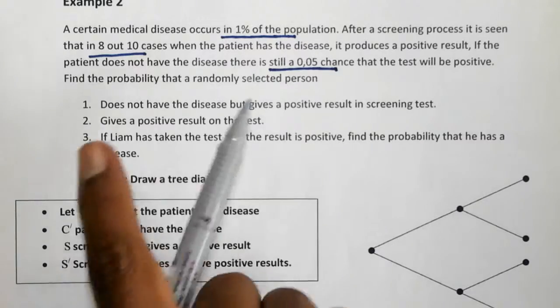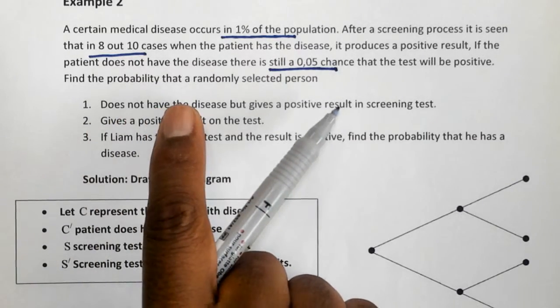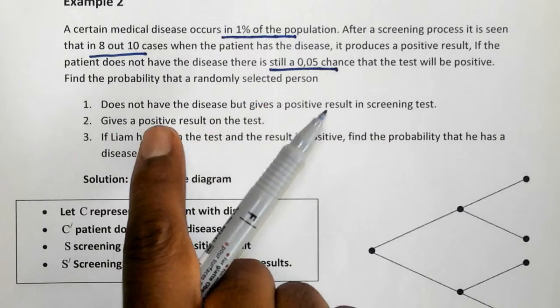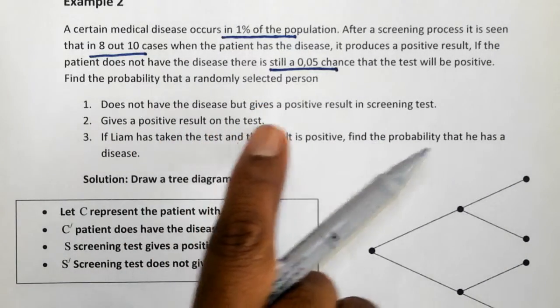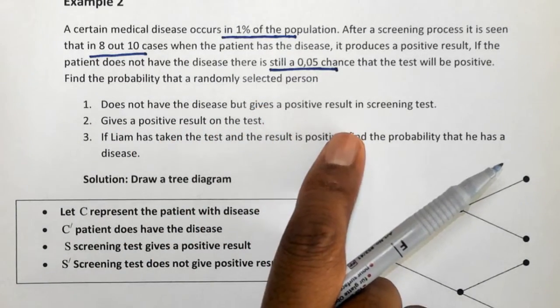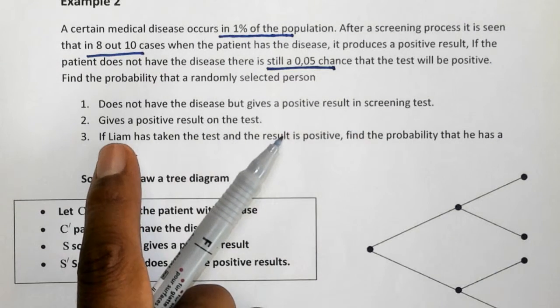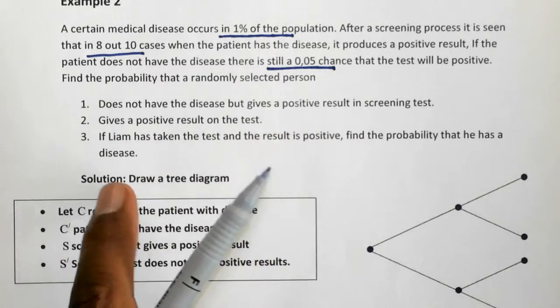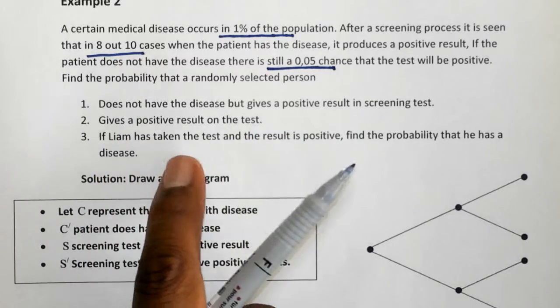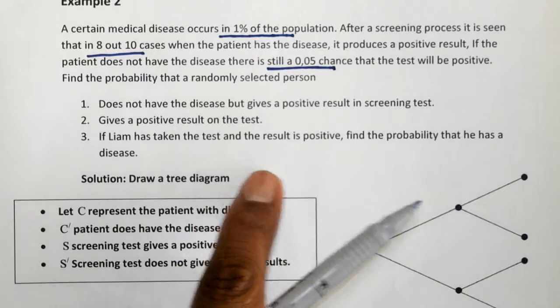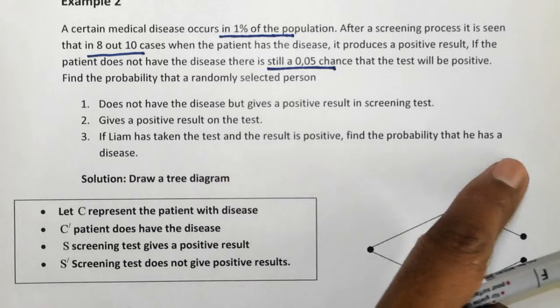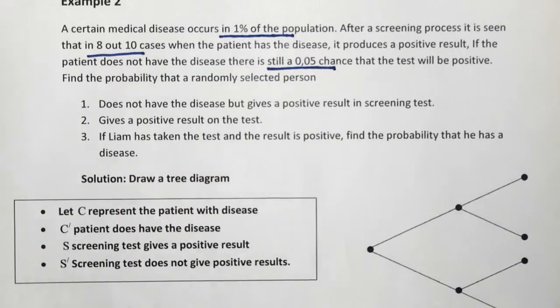So what we have to do is find the probability that a randomly selected person does not have a disease but gives a positive result in screening. Okay, can you see that? And the second one, gives a positive result on the test. Lastly, if Liam has taken the test and the result is positive, find the probability that he has a disease.